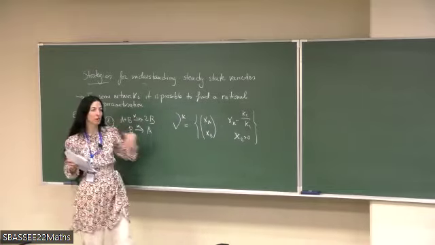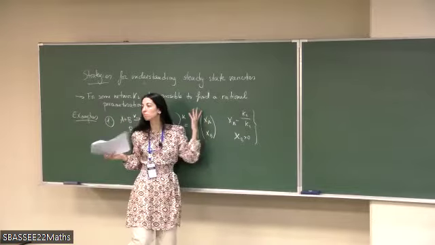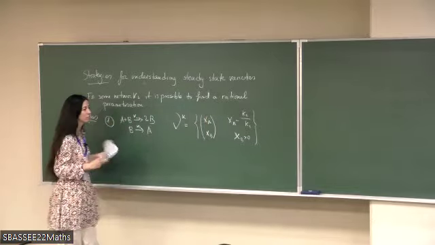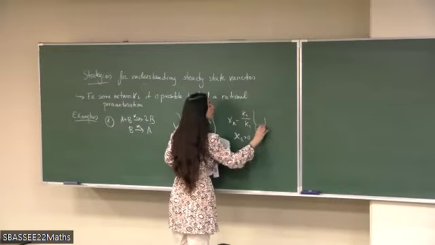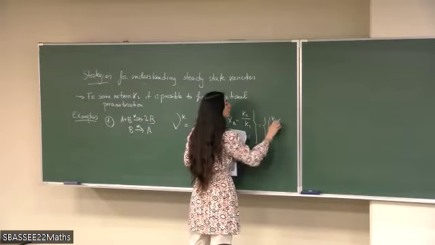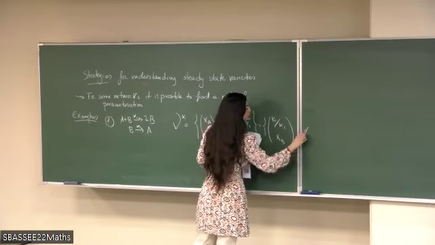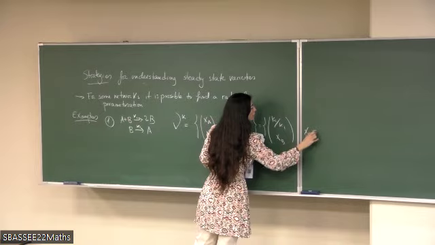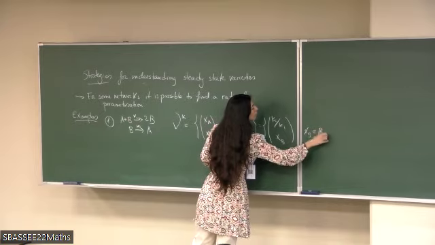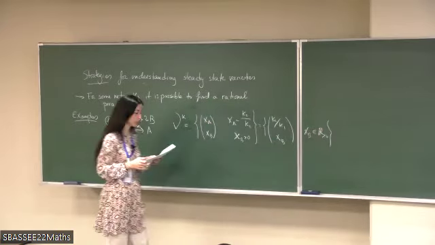So it will be points of the form k2 over k1 and some parameter. That would be a parameterization.